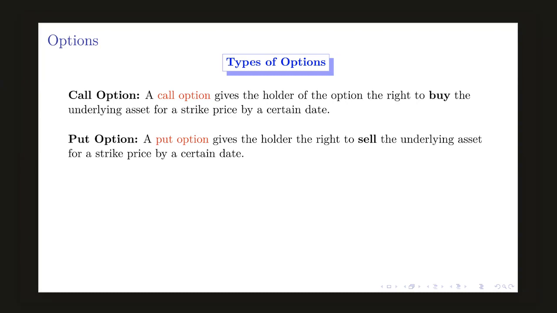You have to clearly understand what each means. In a call option, the holder has the right to buy, whereas in a put option, the holder has the right to sell the underlying asset. Generally, I remember this in the following way.